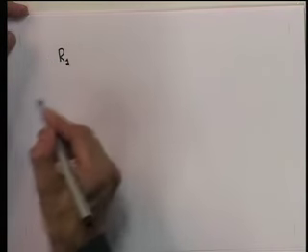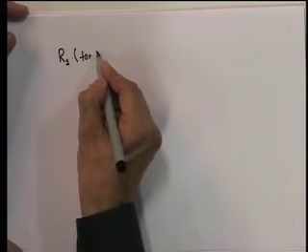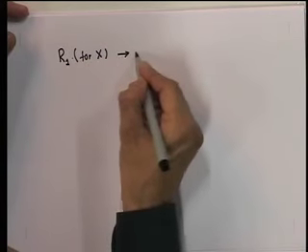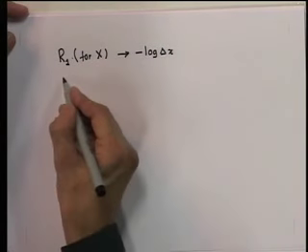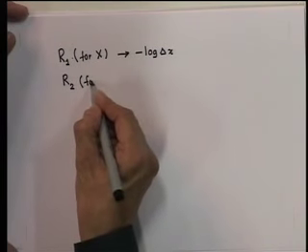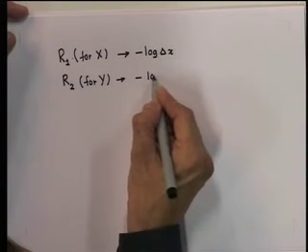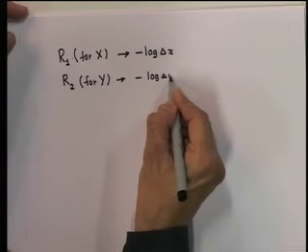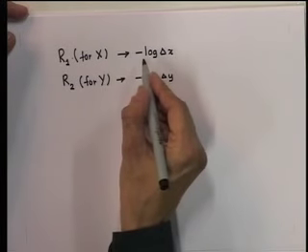Now, the reference entropy R 1 for random variable x is minus log delta x, and the reference entropy for random variable y is minus log delta y in the limit.